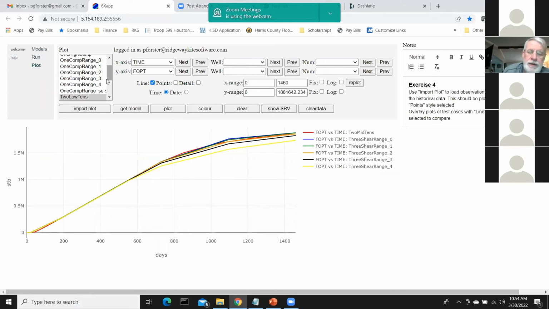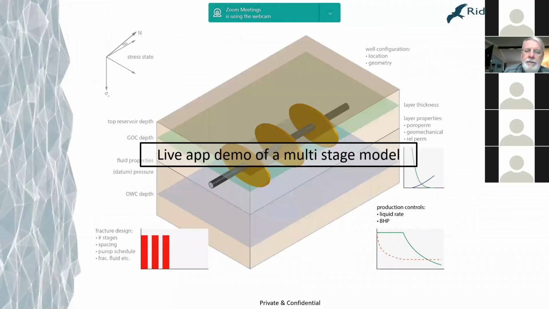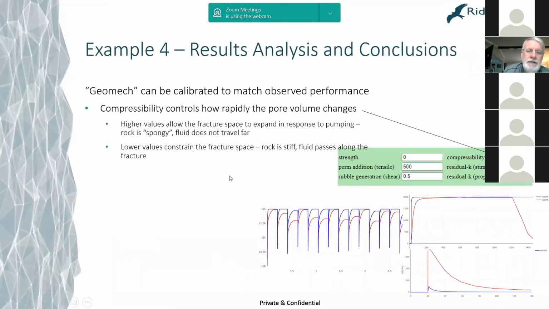So we've proven that we can vary the way that the fractures propagate to match a set of known data. The things that we looked at were the geomechanics parameters. The compressibility, as we said, controls how rapidly the pore volume can change, how the pore volume expands.